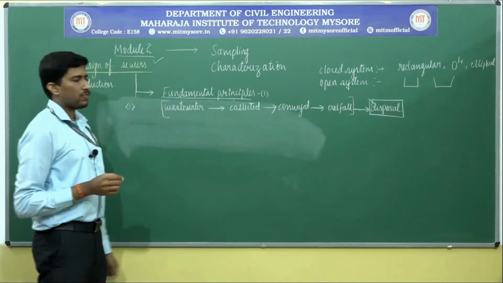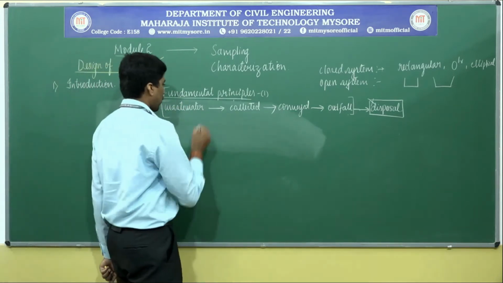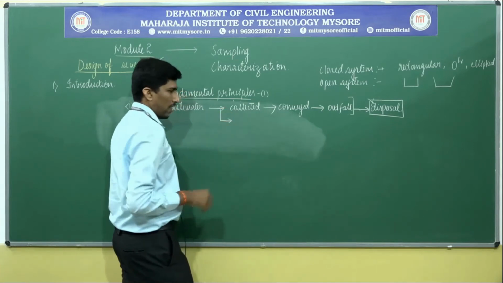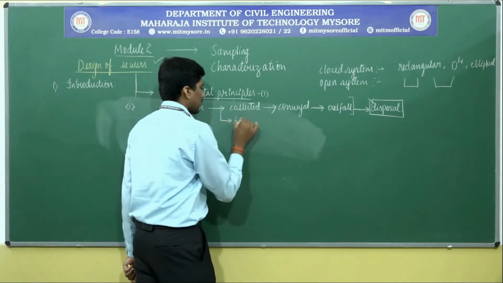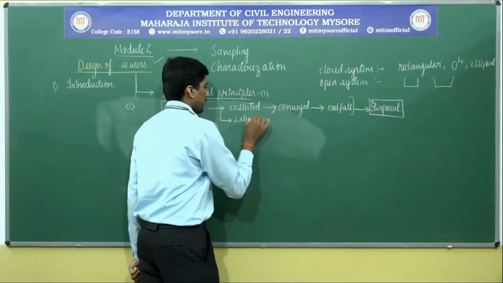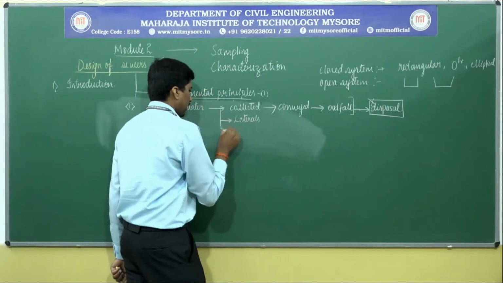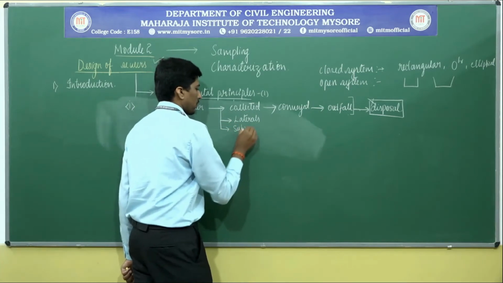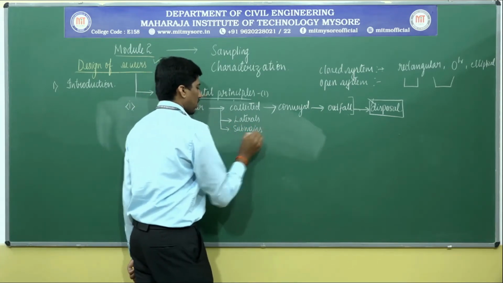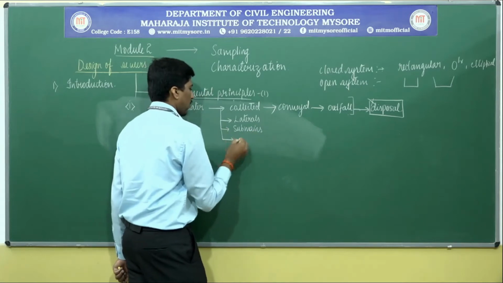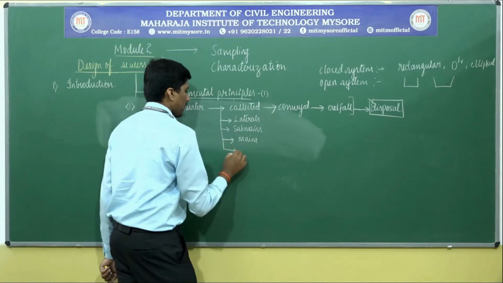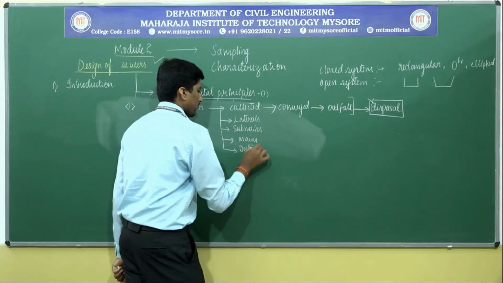There are different types of systems which are adopted here. The systems of collection. We have laterals which originate. Finally, from the laterals we have submains. Again, from the submains we have mains, and therefore we have an outfall sewer.